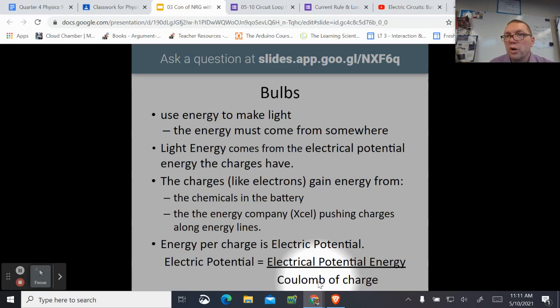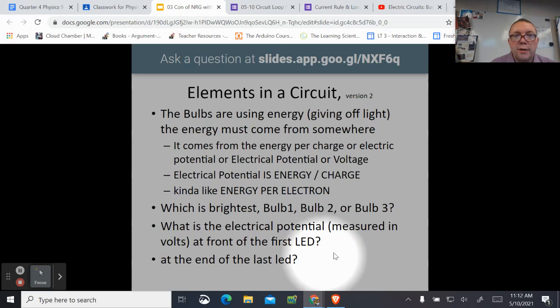And a coulomb of charge is like an amount of charge. It's like saying we've got a dozen charges. It's not a dozen, but it's a number. It's like saying we have an amount of charge, the electric potential energy per amount of charge. And that should be a little bit of review. Throwing in conservation there is a little bit new.